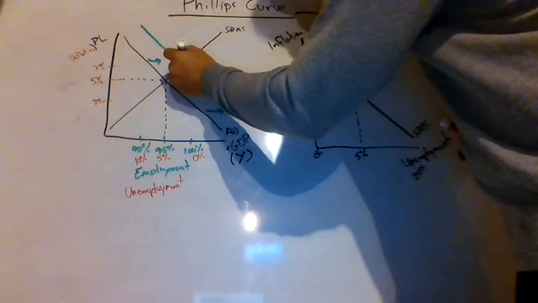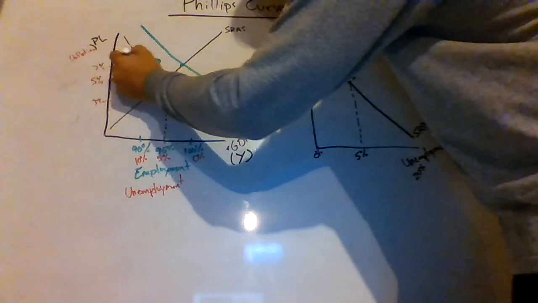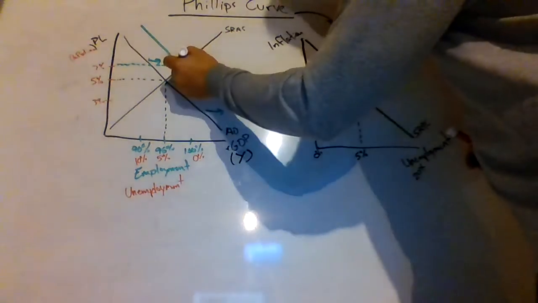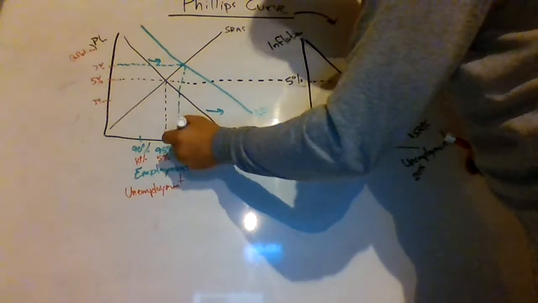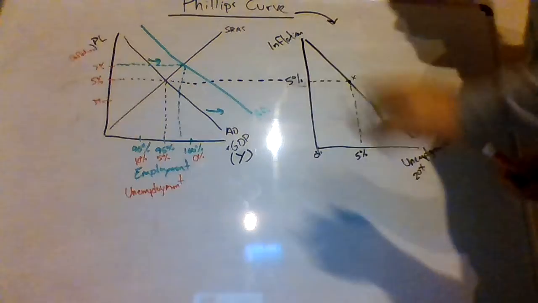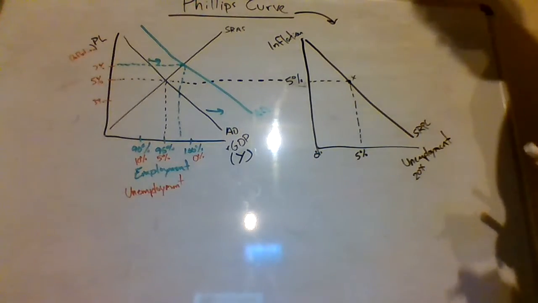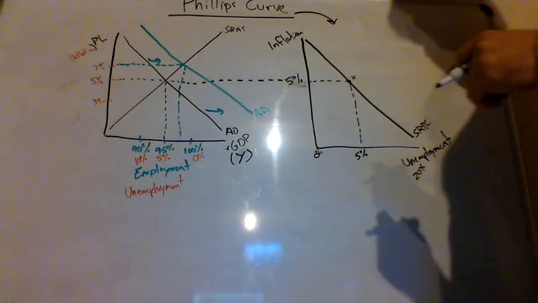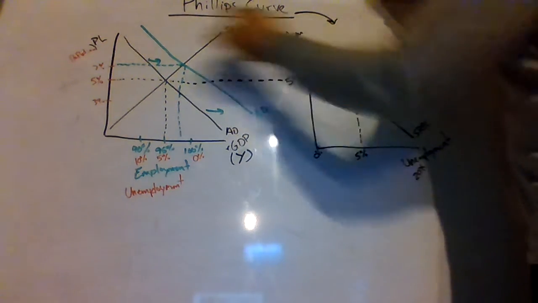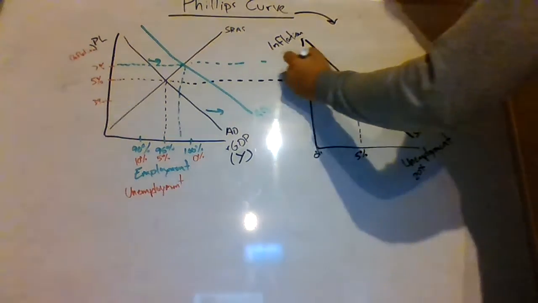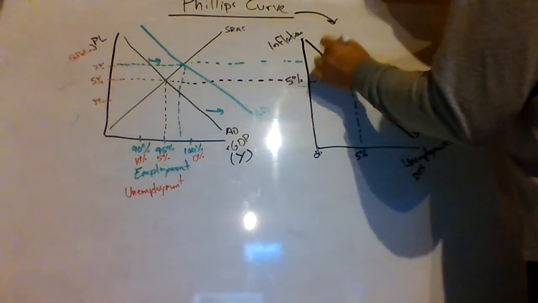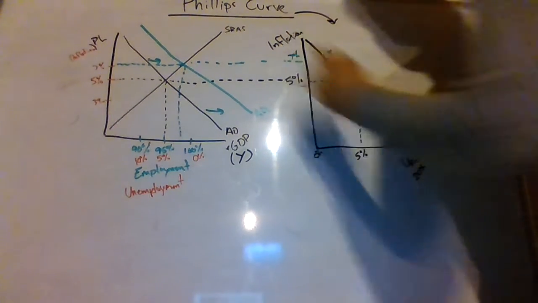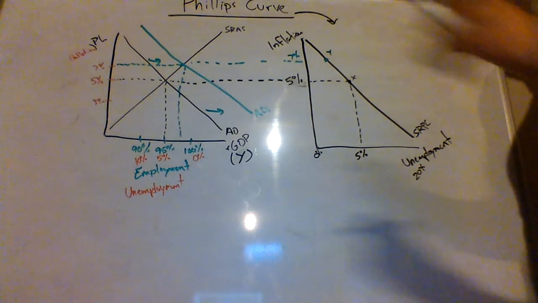Now, that's going to give us a new equilibrium point. It's going to match up, in this case, with our 7%. And it's also going to match up with, let's call that 97%, or 3% unemployment. So we have gone up to a new point, let's call it Y, and this is our 7% inflation rate.